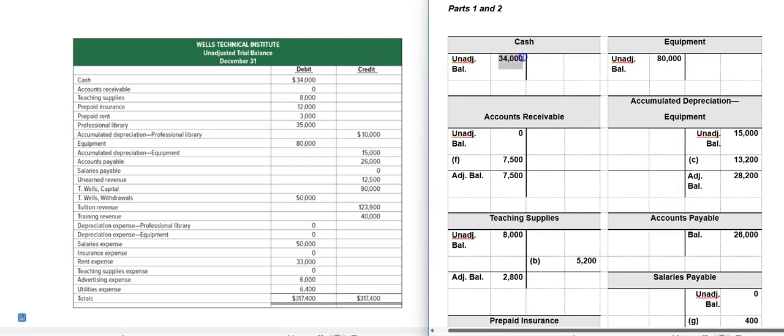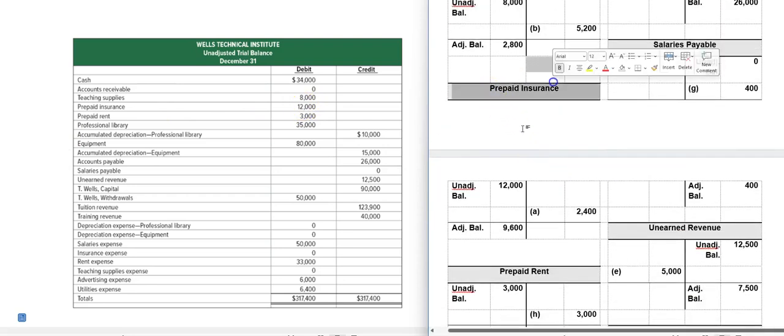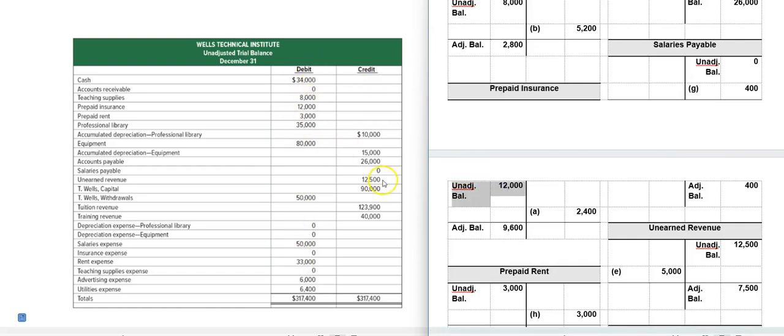It is a debit balance because it is an asset account. Accounts receivable has an unadjusted balance of 0. Teaching supplies has an unadjusted balance of $8,000. Prepaid insurance has an unadjusted balance of $12,000. So all I'm doing in this first step is entering the balances that are listed before adjustments were made, all the balances from the unadjusted trial balance.